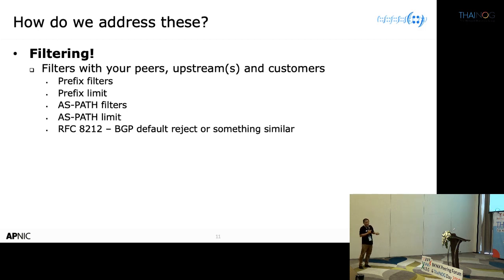And when it comes to route leak, the way BGP works by default, Aftab also mentioned this yesterday, by default, BGP is permissive. What does it mean? Default is allow, default is permit. Right?